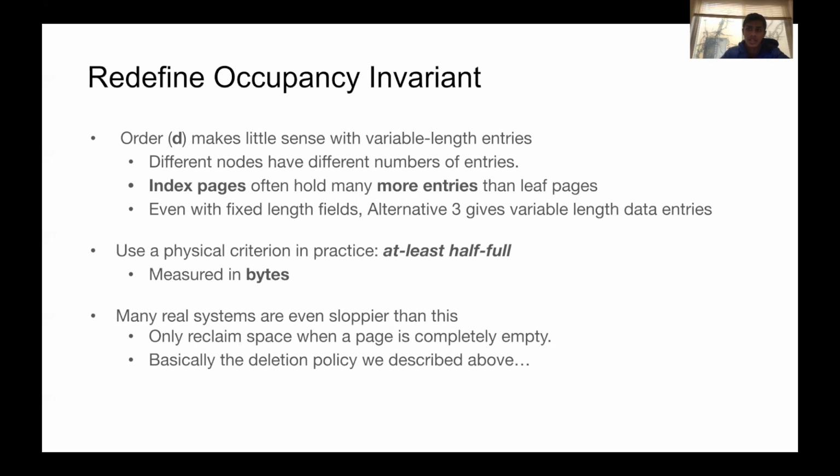How many bytes does the data on our page take up? How full is this page with respect to the number of bytes consumed? Now, many real systems are even sloppier than this because it's really just about performance in the real world and optimizations and shortcuts you can take while still maintaining your properties about as well as you can, but we don't need to worry about that.